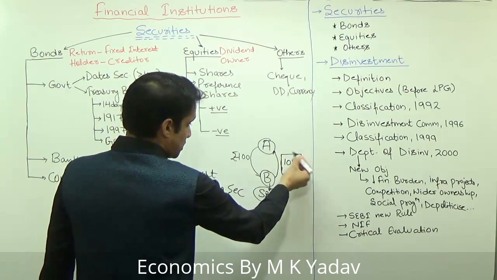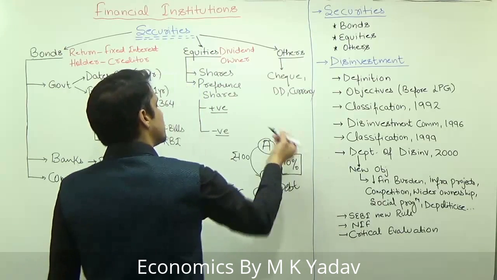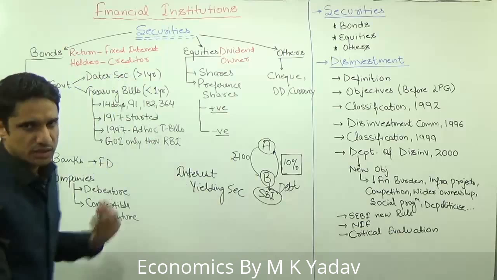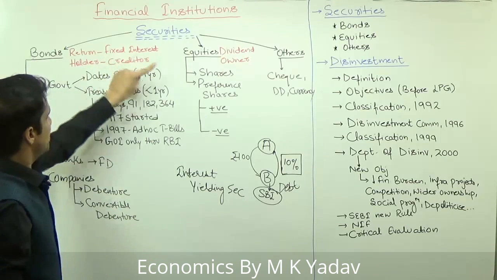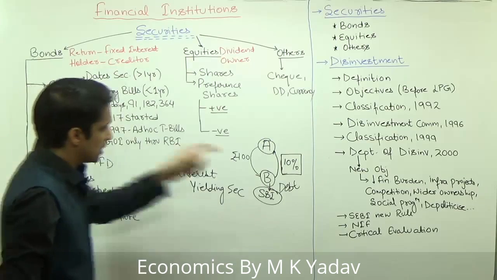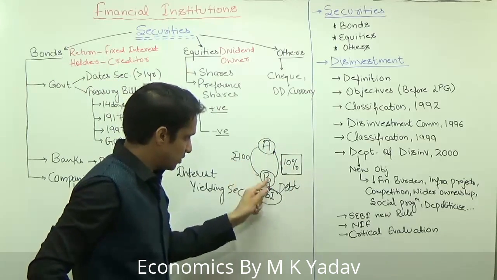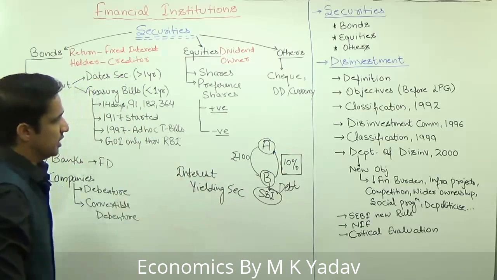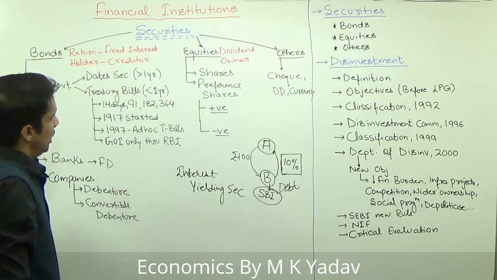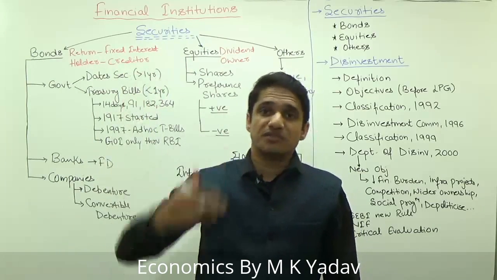This security is a financial instrument yielding some interest to A. All these are different definitions of a bond: you get a fixed interest rate, or bonds are issued against the loan because B has taken a loan, or bonds are interest yielding securities.